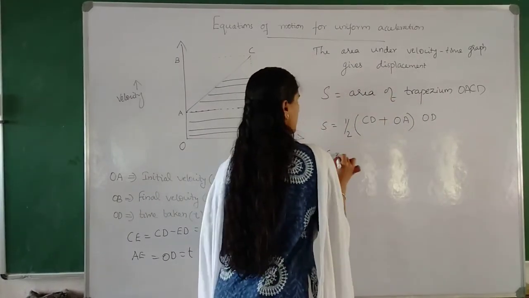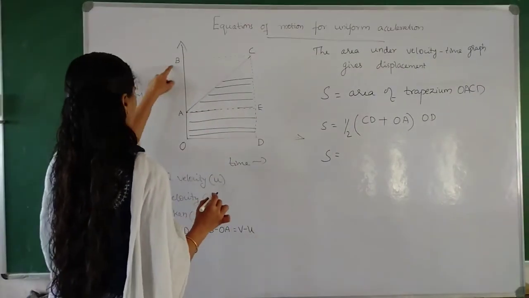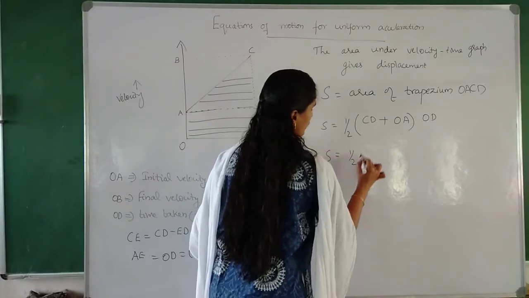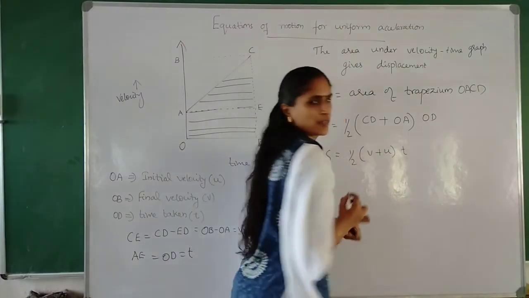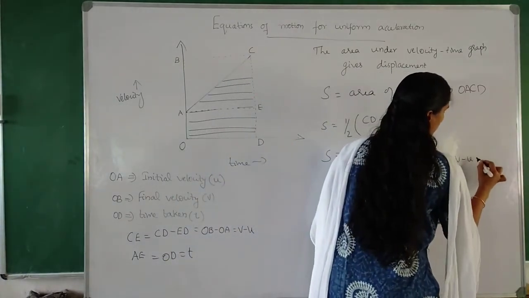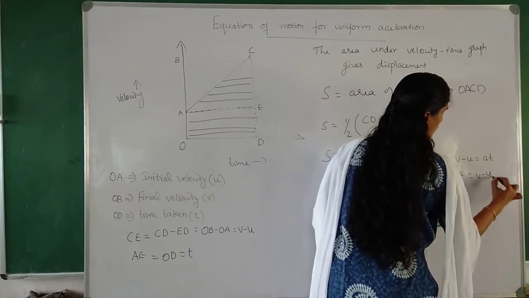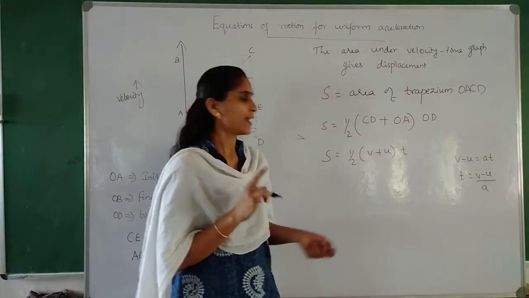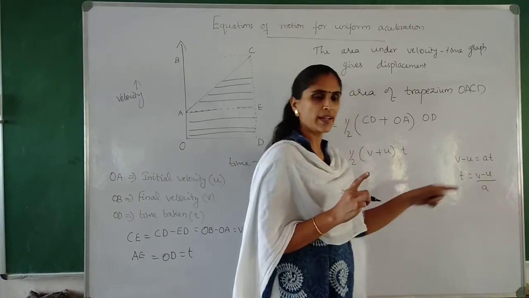CD can be written as V. So we can write half into V plus U into T. Again from the first equation we can write V minus U is equal to AT, or T can be written as V minus U by A. In the previous case we substituted for V minus U, and here we are substituting for T.